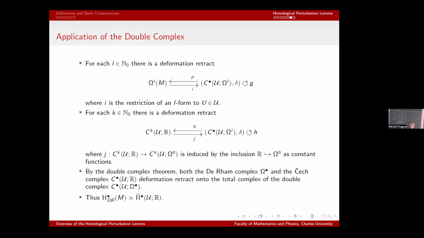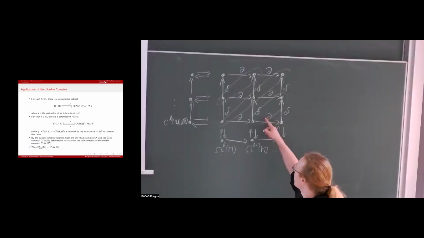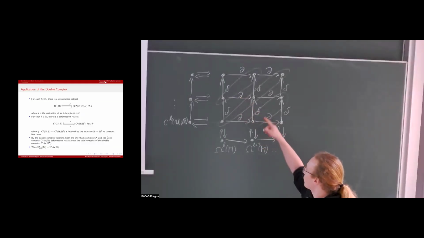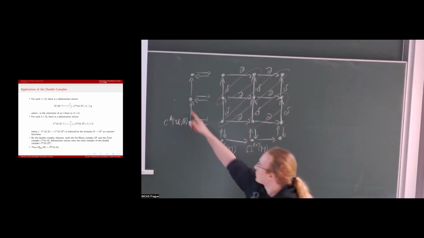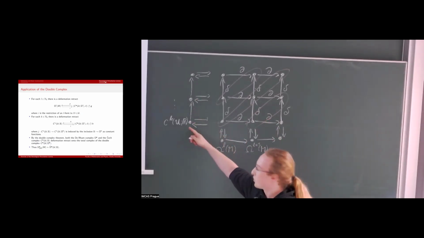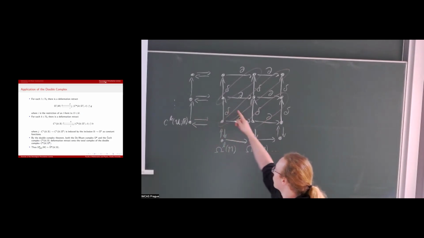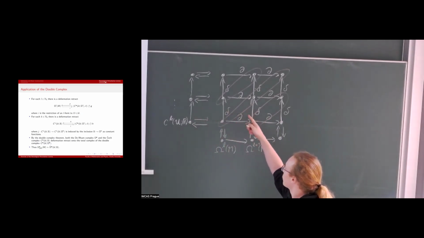But then by the double complex theorem, we know that this cochain complex deformation retracts onto the total cochain complex of our double complex. But also this vertical cochain complex deformation retracts onto the total cochain complex of our double complex.